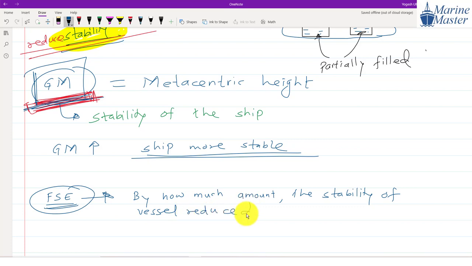That is nothing but the free surface effect. Okay, guys, you got the meaning of free surface effect, everyone.